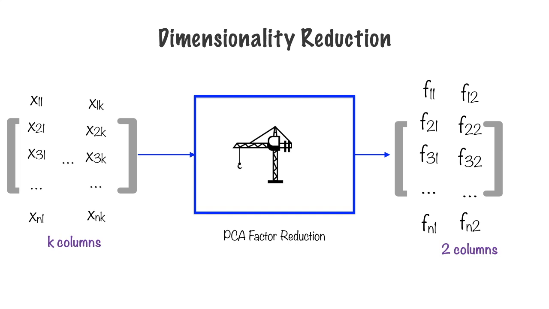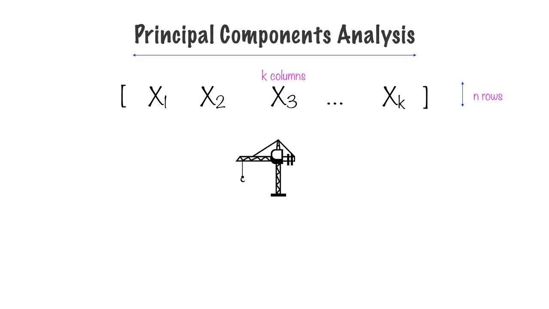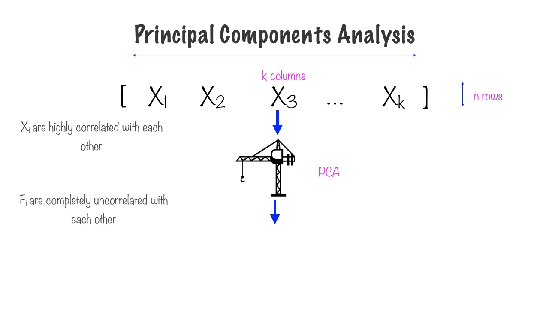Here, after PCA, we've expressed our data in two columns. Our input data had k columns and n rows, that is, n data points expressed using k attributes, and all of these attributes are probably highly correlated with each other. We pass it into our PCA algorithm, and the same data can now be expressed in terms of principal components.